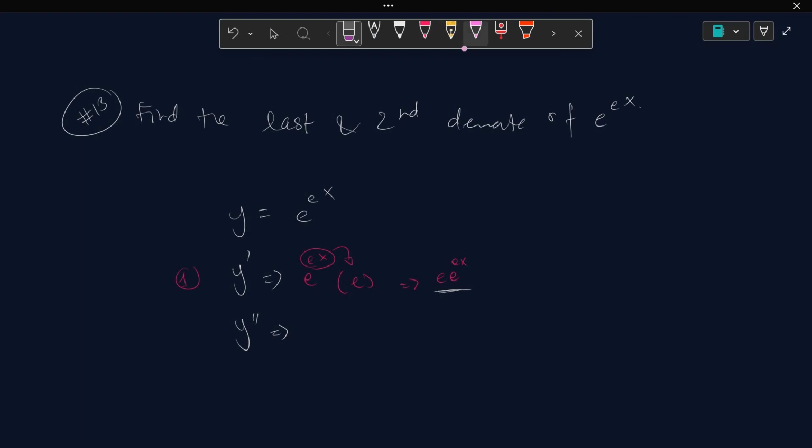The constant in this case is basically e, so that stays, and then you take the derivative of this expression, e to the e^x.